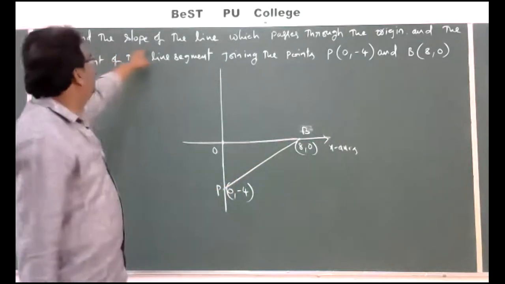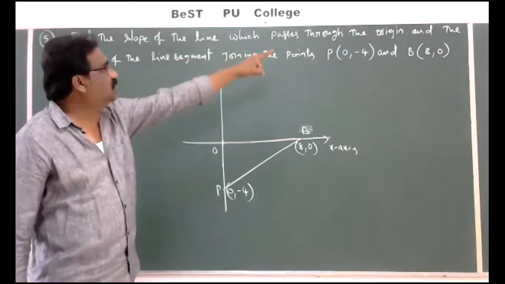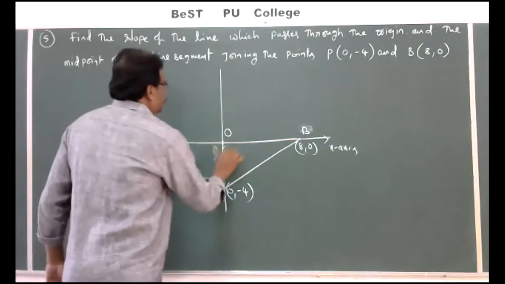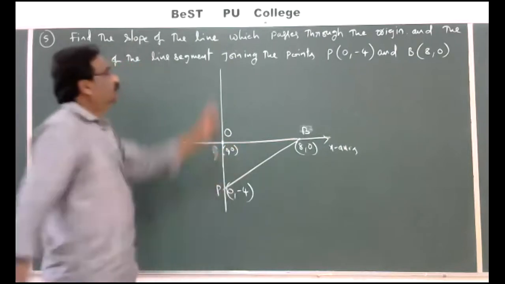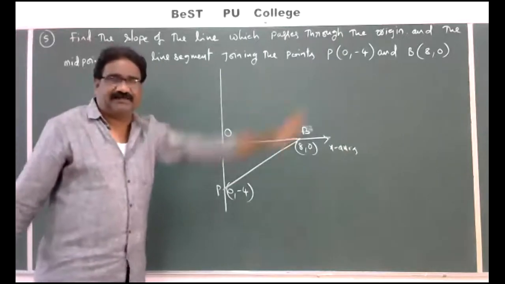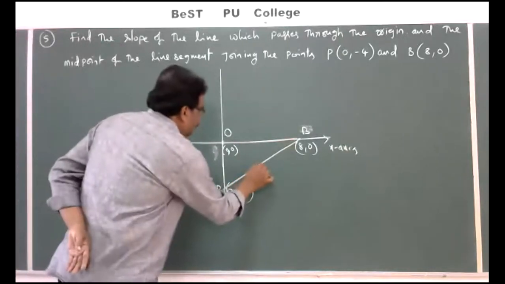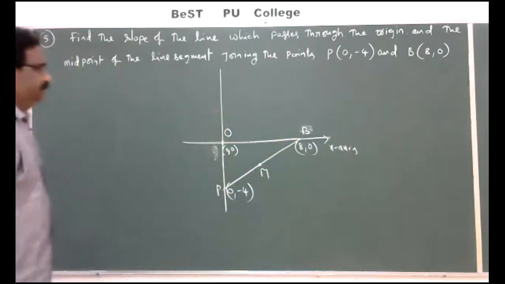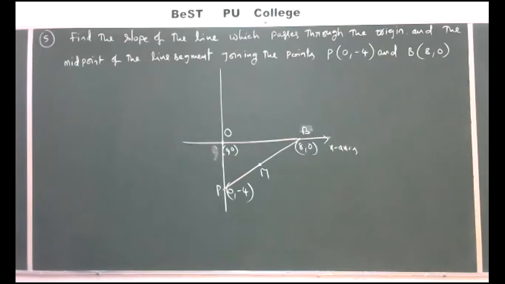Here, find the slope of the line which passes through the origin. This is the origin O, that is (0, 0). And the midpoint of the line joining the points P and B. You find out the midpoint M of PB. This is the figure.